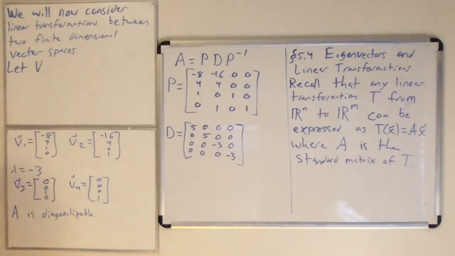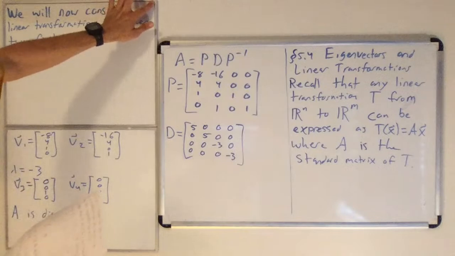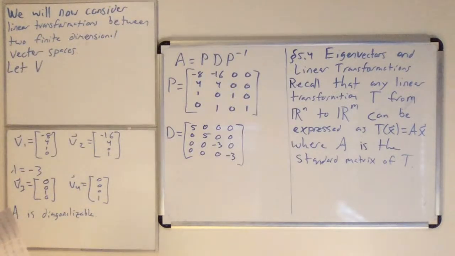So before we get to looking at some examples, we're going to do a little bit of the build-up to why what we're going to say is true. We're not going to actually prove it, but we're going to go through the logic behind the big theorem in this section.